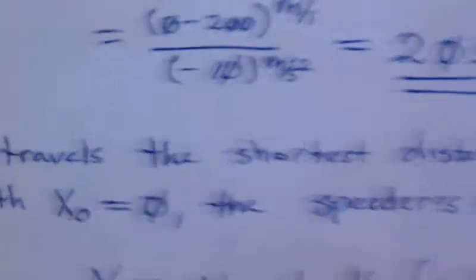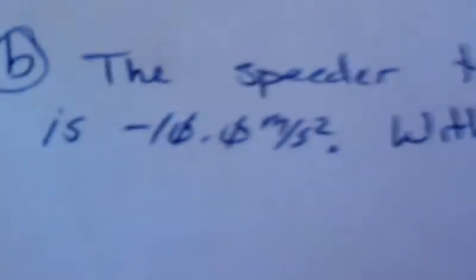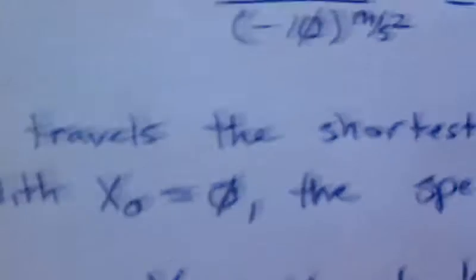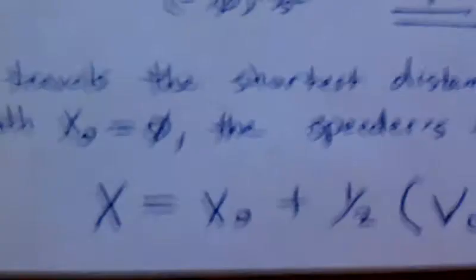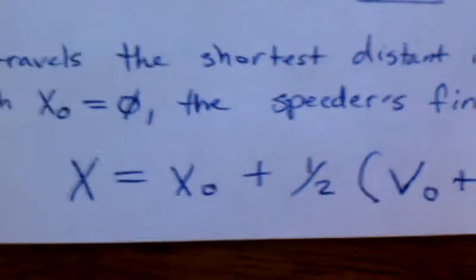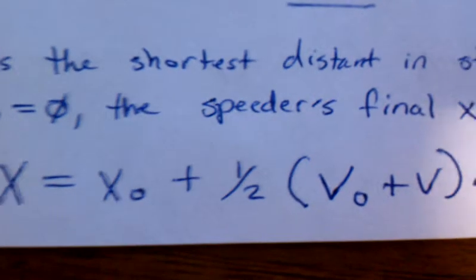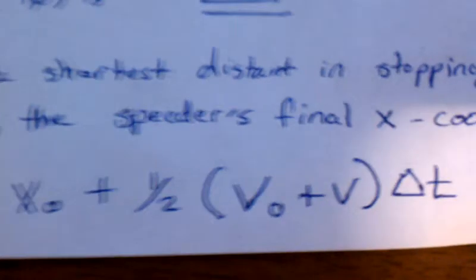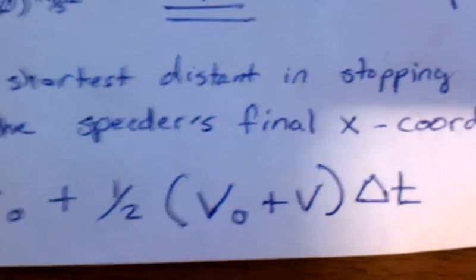The speeder travels the shortest distance in stopping if its acceleration is negative 10.0 meters per second squared. With x original point equals 0, the speeder's final x coordinate is found using the equation x final equals x original plus 1/2 (v original plus v final) times change in time.